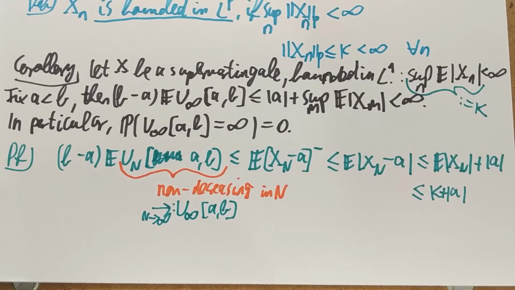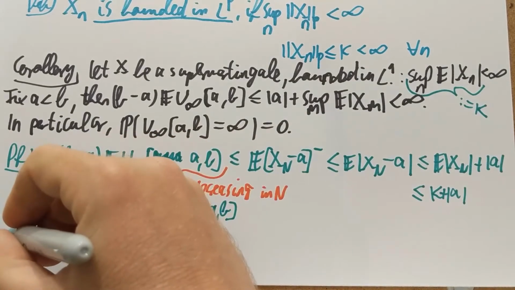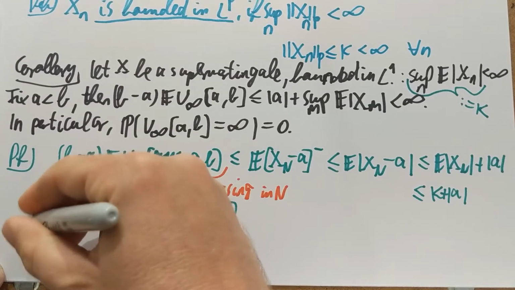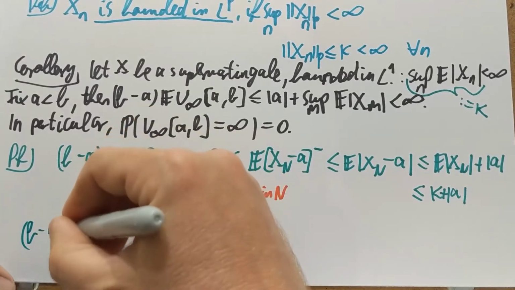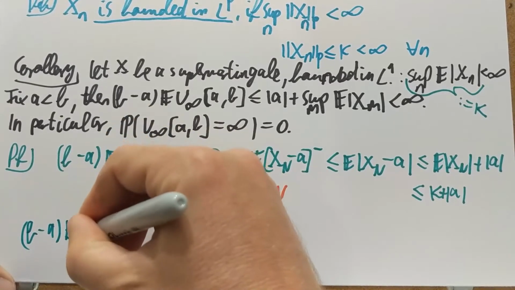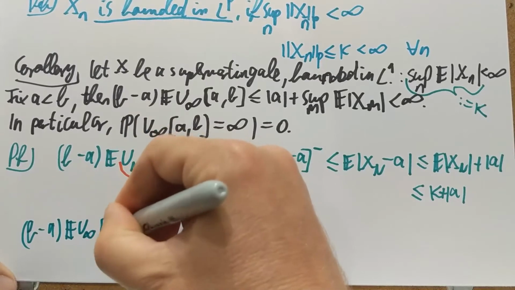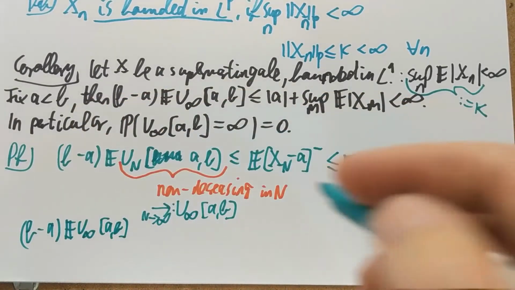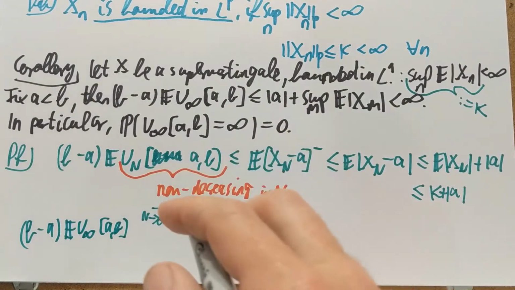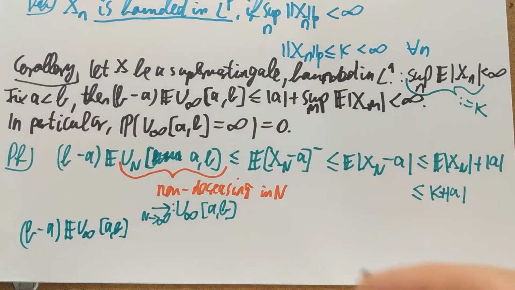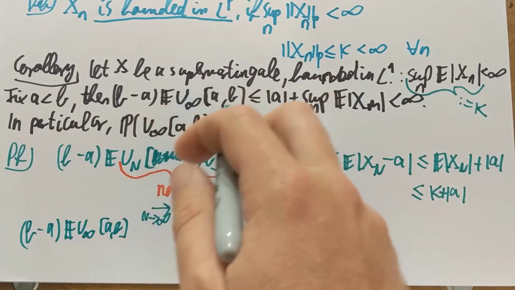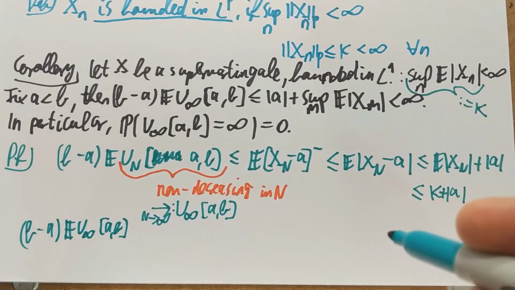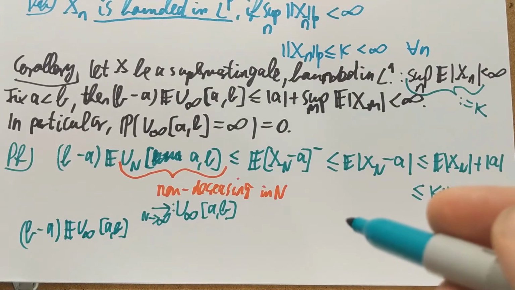Now if I take my left hand side, so b minus a times the expectation of U infinity of a, b, so that's my left hand side here. U infinity is the limit of the Un's, just by definition, the number of upcrossings up to infinity.